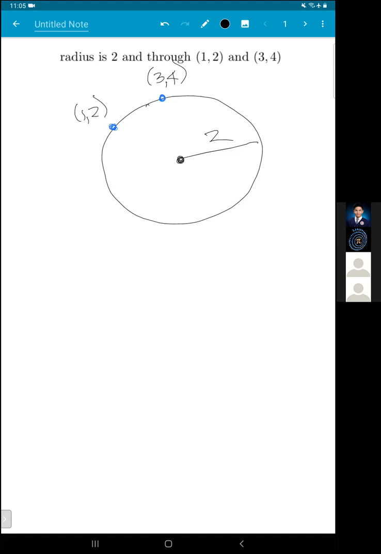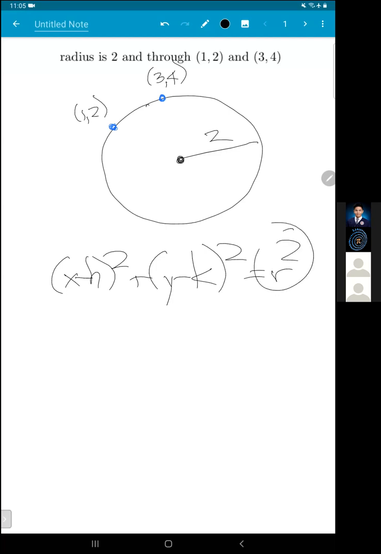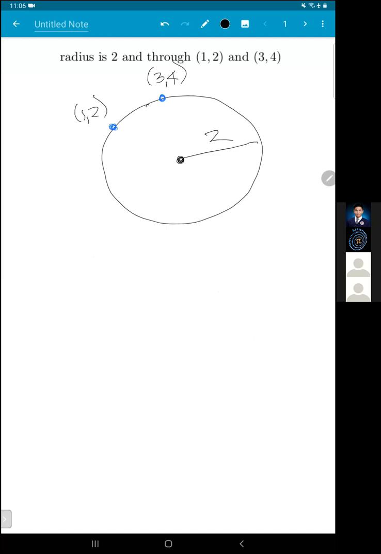So remember the center-radius form (x minus h) squared plus (y minus k) squared equals r squared. If you know r and you know h, k, you're done. So we only know r. So we need to find the center of the circle. Anyone? You can just unmute your microphone if you want to answer.